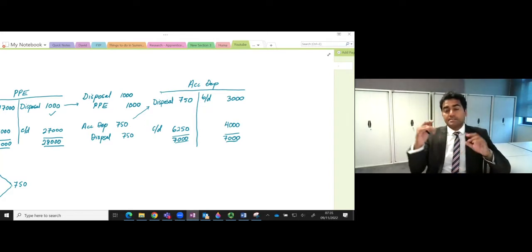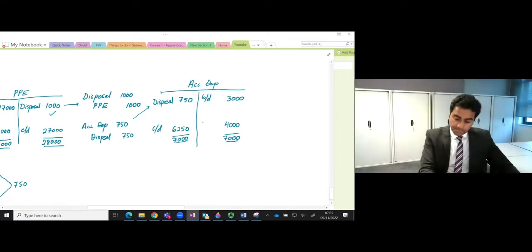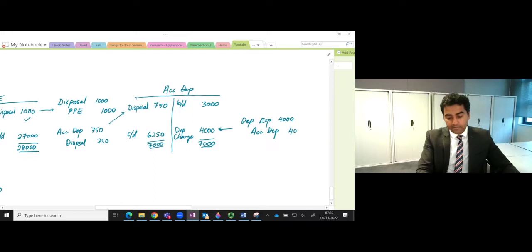So the difference is the depreciation charge in 2008. This is the depreciation charge. And if you want to know the double entry for this, the double entry is depreciation expense debit by 4,000 and accumulated depreciation is credit by 4,000 in 2008.